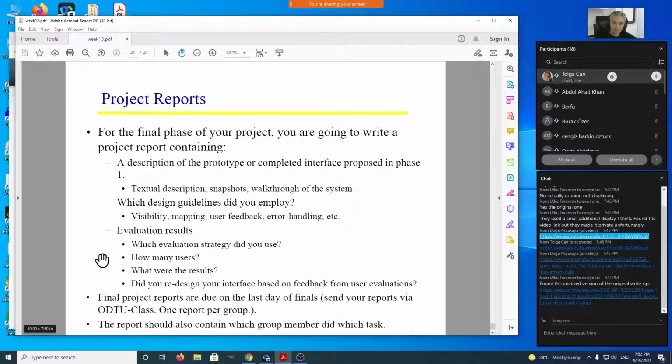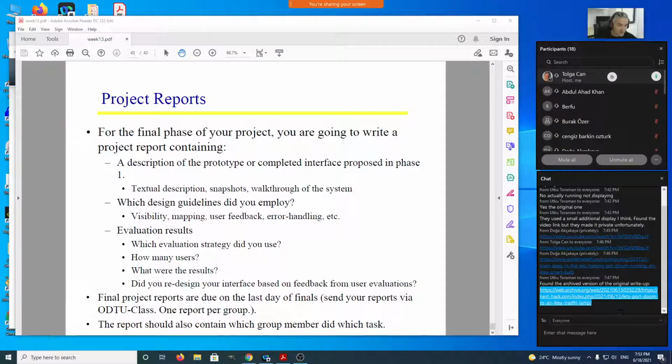The main component of the final project report is the evaluation results, where you present your usability tests and their outputs, interpret your usability test results, and describe what usability goals you had in mind, how you tested them, what the test said, and, based on the test results, whether you designed another alternative that improves the original interface, things like that. And that's it.